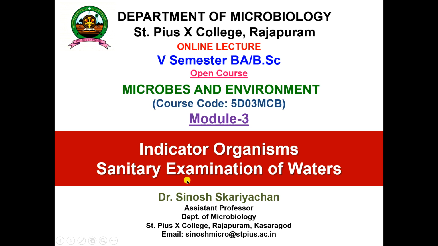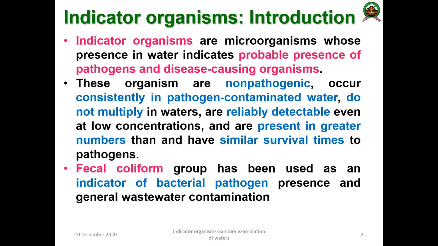And that is the next important topic we are going to discuss. Before we start, we should know what indicator microorganisms or indicator organisms are. As the name indicates, indicator, which indicates something. What is that something? That is what we are going to understand.